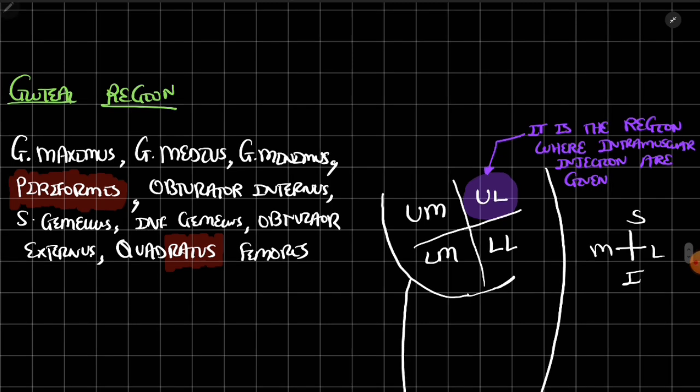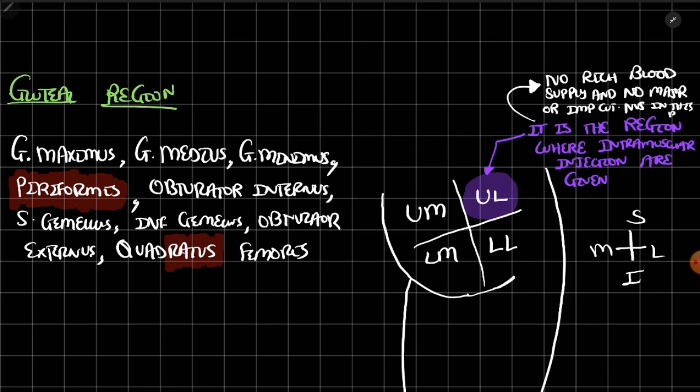So why is it important in intramuscular injections? Basically, there is no rich blood supply in this region, and no major or important cutaneous nerves in this region.